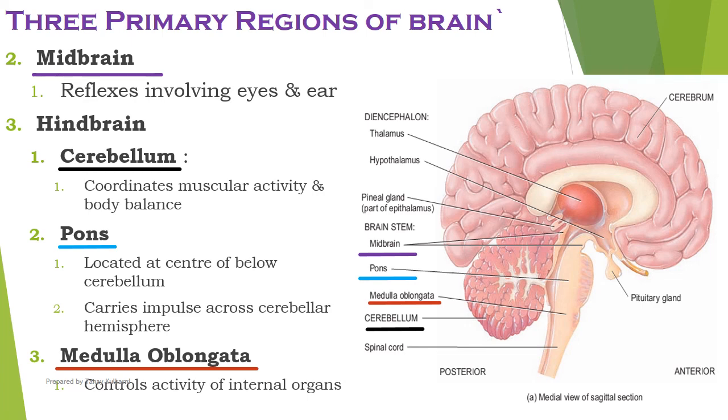Pons is located at the center below the cerebellum, and it helps in developing the connection or transfer of impulses between the right cerebellar hemisphere and the left cerebellar hemisphere. Medulla oblongata, as you know, controls the activity of internal organs.